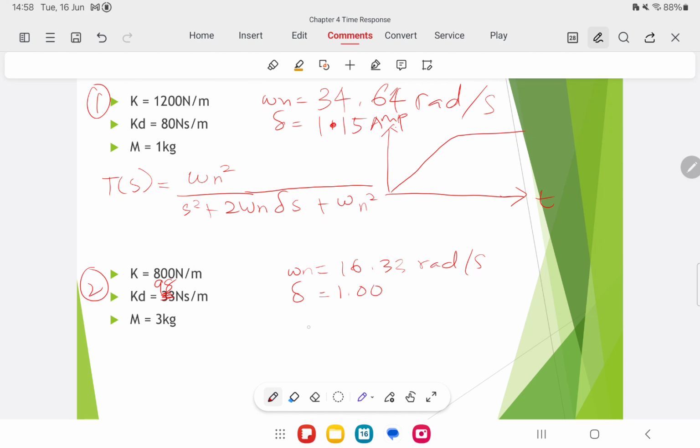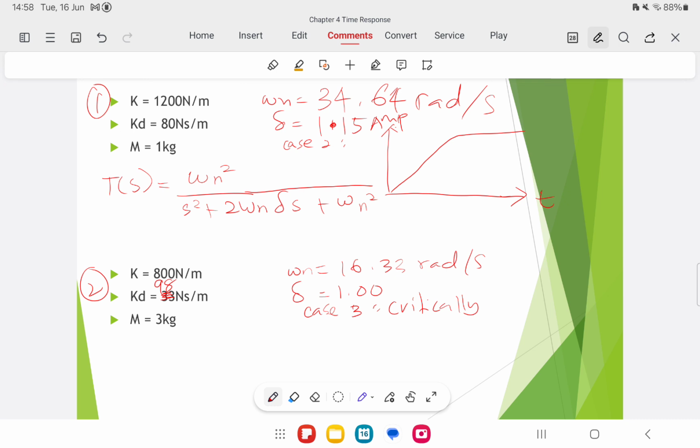Okay, maksudnya case apa? This is case 2. Yang ini case 3. Critical kan? Critically damped. So bila you lukis antara case 2 dengan case 3, jangan sama pula. Yang tadi case 2 ke?